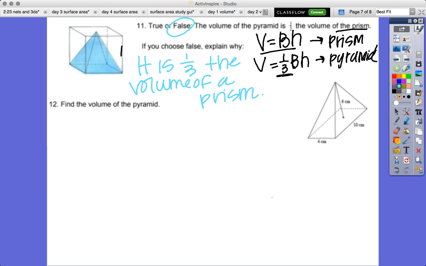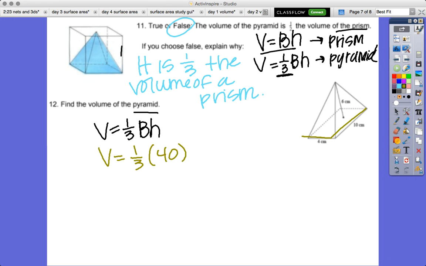All right, number 12 wants us to find the volume of the pyramid. So we just talked about volume of a pyramid, that it's 1/3 times the area of the base times the height. So we're going to say volume equals 1/3. The area of the base is 4 times 10, which is 40, times the height, which is 6.